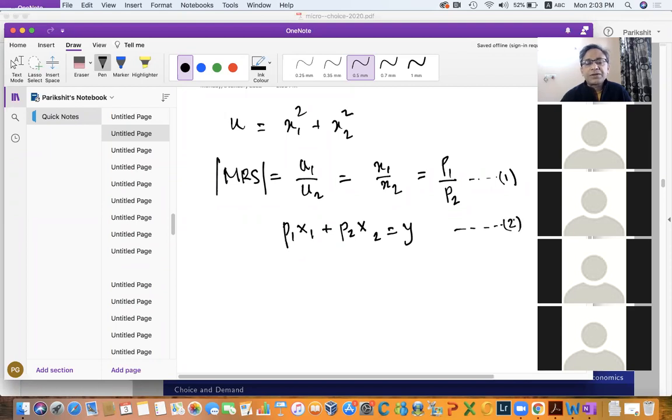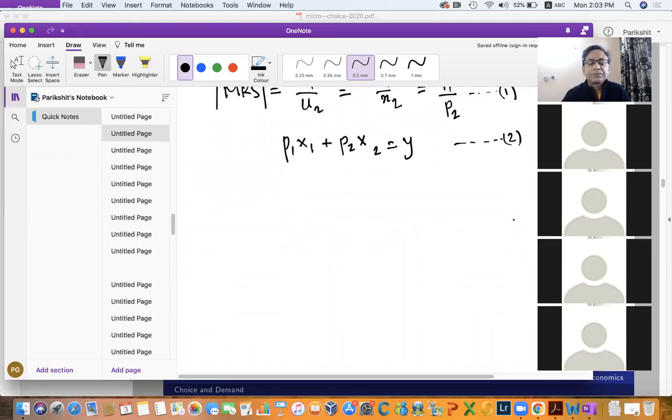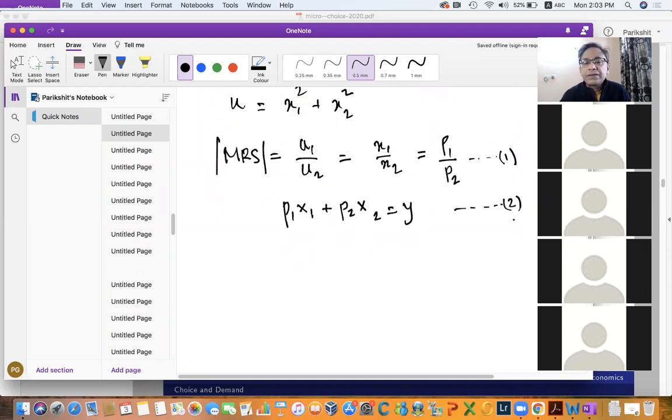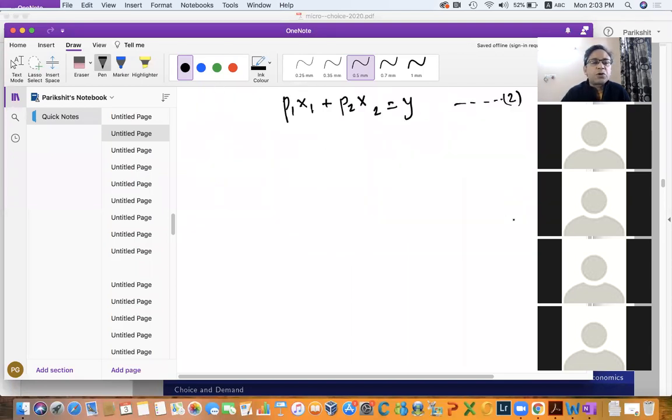That's my second equation. If I solve these two equations, I'll get the optimum values of x1, x2 for this consumer. Now, will that be the right solution? No, sir. It will be a minimum. Okay, so let me draw the picture.